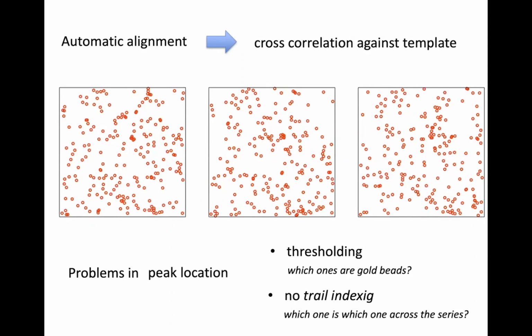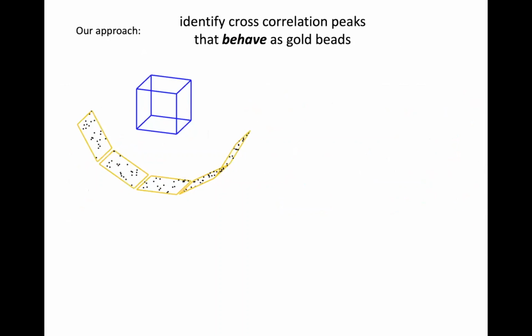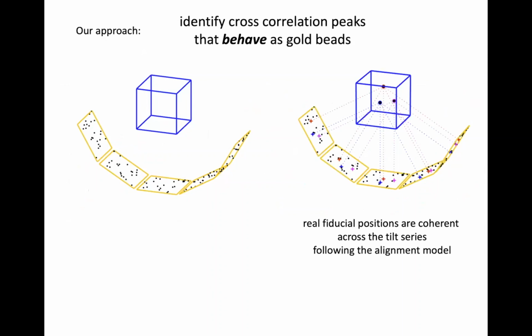What is what here? How do we identify which peaks of the cross correlation are actual gold beads?